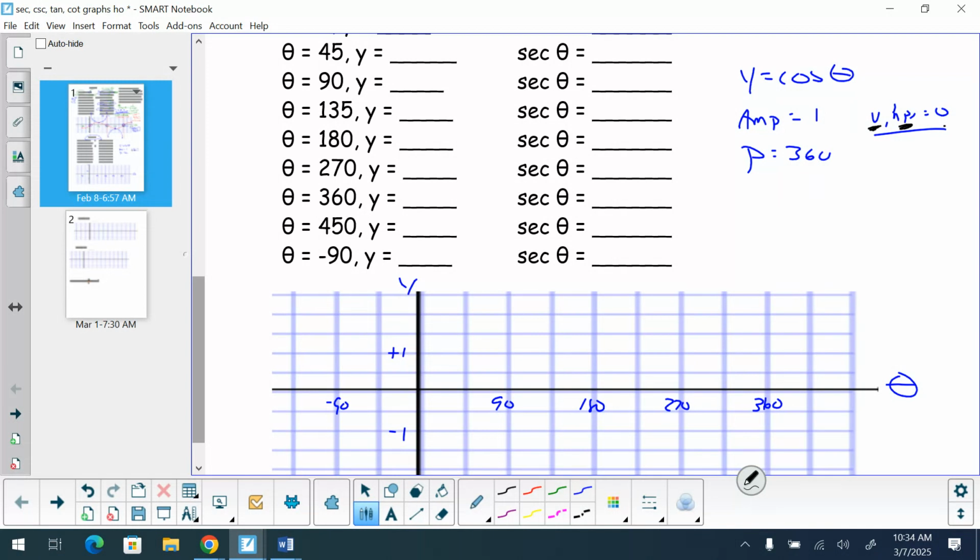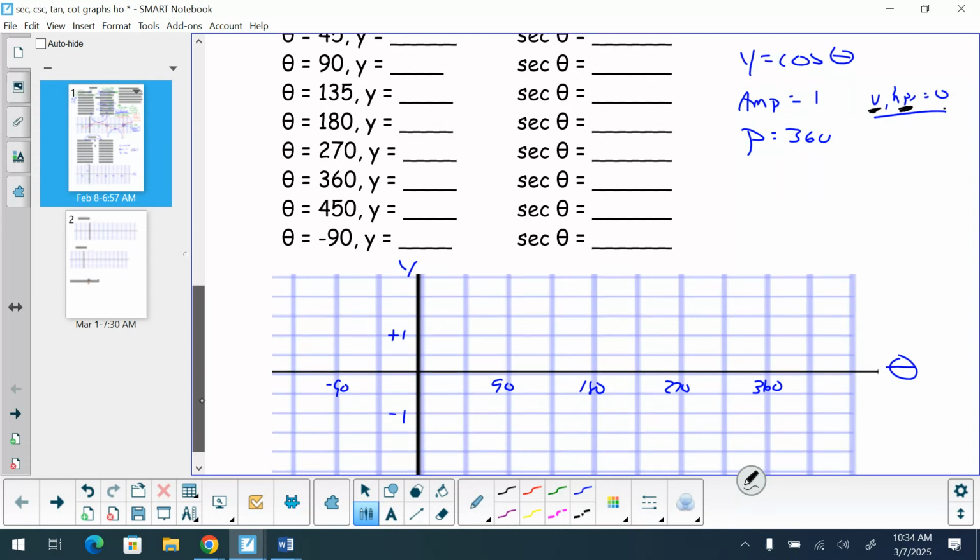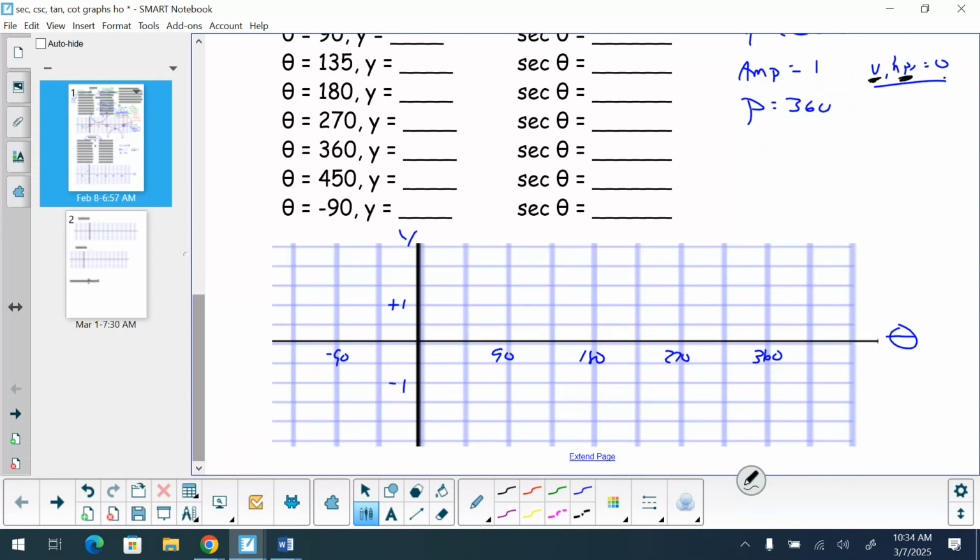All the cues that we utilized in regards to graphing the cosine function, we're still going to use them. Theta start value, 0. Prime axis, 0. Cosine, peaks and valleys. So we're going to start at a peak at our amplitude of a value of 1.